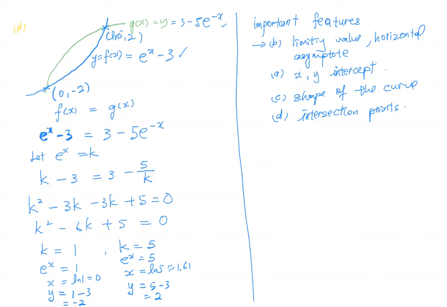So you prepare the axis. The origin. Okay, your f(x), you can use blue. So you know the limiting value is -3. So you put down there y equal to -3. The y-intercept is -2.